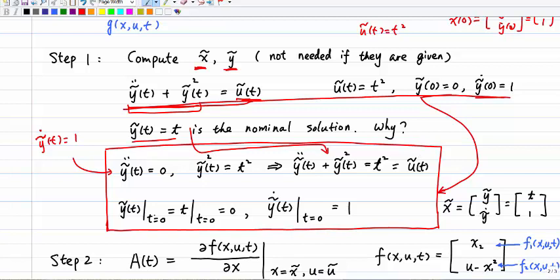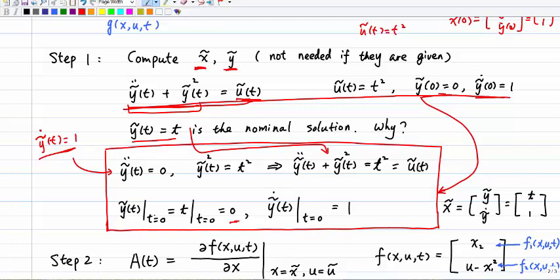Which means, yeah, that's true. And I also need to verify the initial conditions. So y tilde(t) at t0, where t0 is 0, is 0. Yes, it is true. And y tilde dot(t) at t0 is 1, because the derivative is always 1. So it satisfies all the conditions.